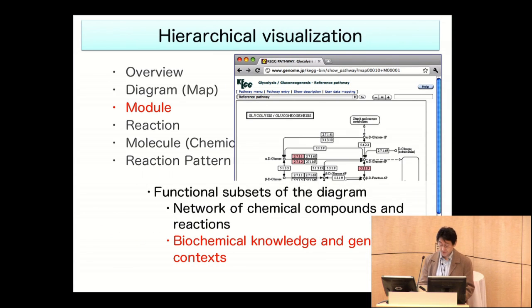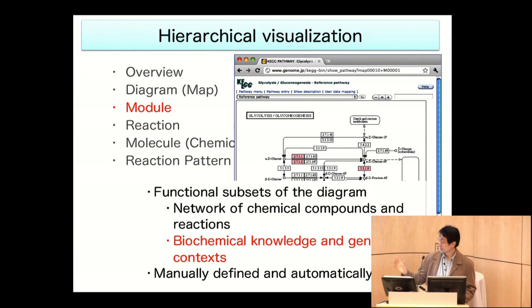So this is a functional subset of the diagram, and a network of chemical compounds and reactions again. This is defined based on biochemical knowledge and also the genomic context, such as operon structures in bacteria or phylogenetic conservation, like this part is only for eukaryotes, this part is only for archaea, or something like that.